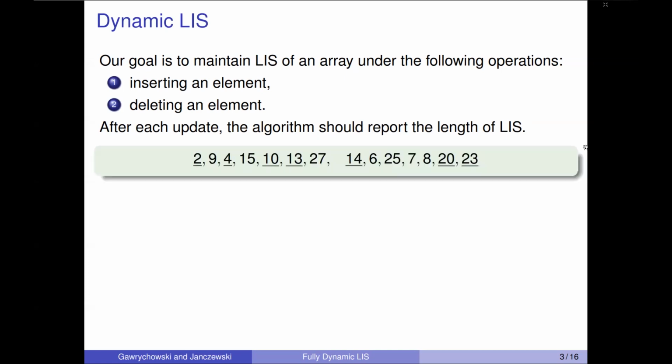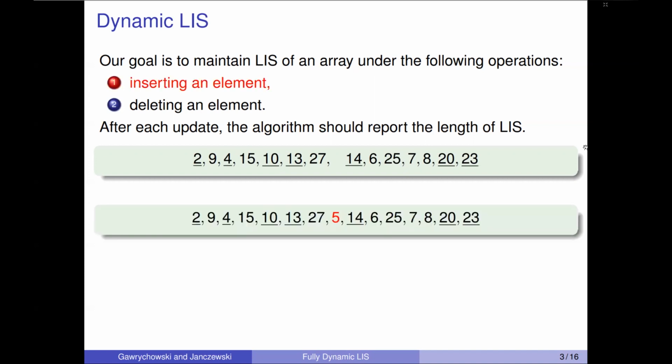So here's a simple example. Let's say that we have an array of numbers as presented, and there are a couple of different LISs there. So let's say that we fix our favorite one. It is of length 7.